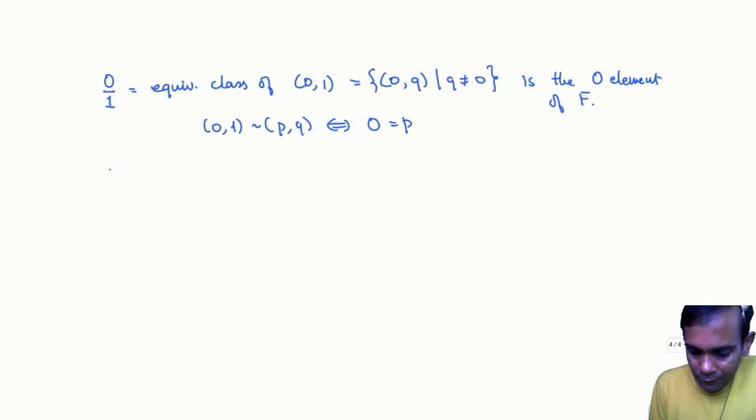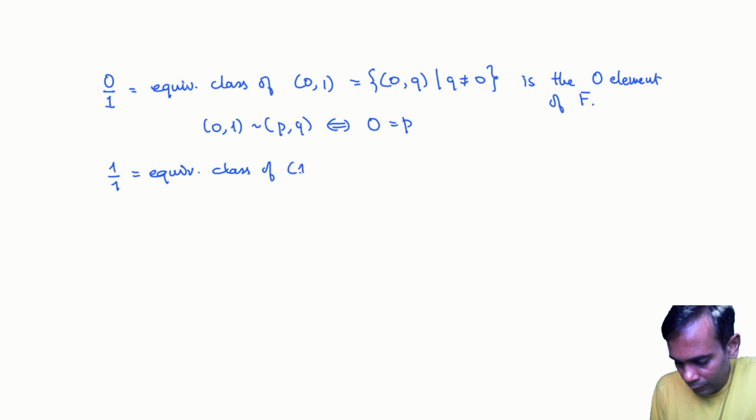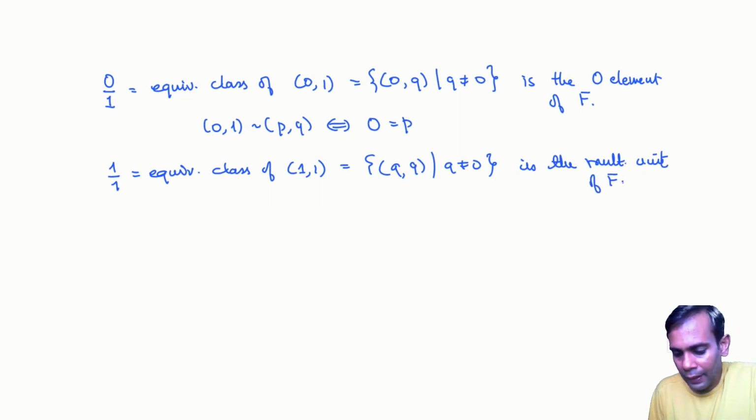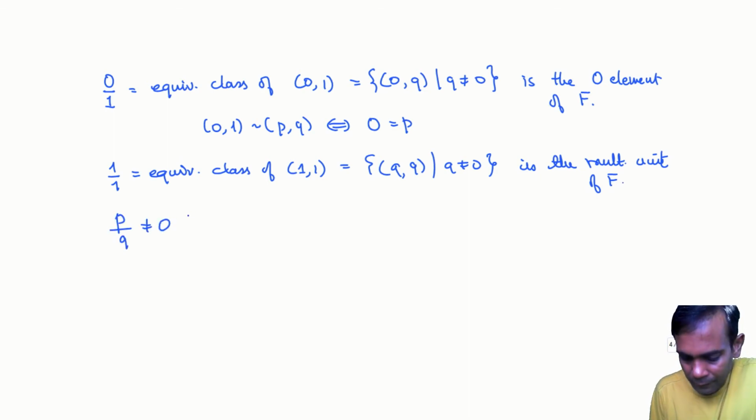And 1 by 1, the equivalence class of (1, 1), which turns out to be the same as (Q, Q), Q not equal to 0, is the multiplicative unit of F. And so if you have a class that is not 0 in F, what does that mean? It means it's not equivalent to 0 by 1, which means that P is not equal to 0.